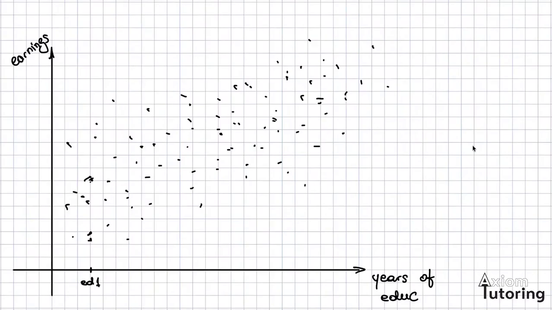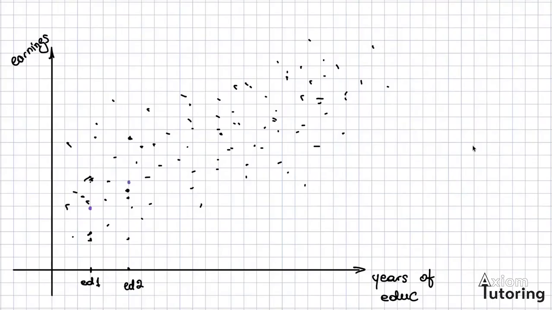If we were to guess where the average throughout all of these points would be, let's say it's somewhere right in here. We can do exactly the same thing and pick this other level of education, and out of all of these observations the average would probably be somewhere around here.